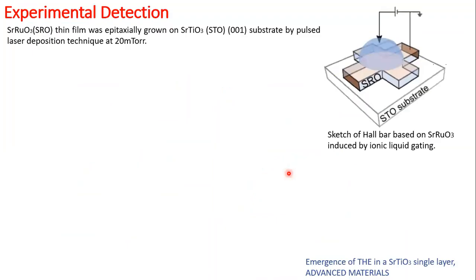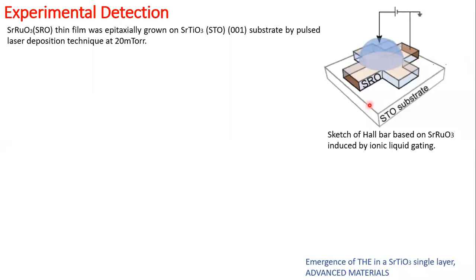Now, the experimental detection of skyrmions, that is, how we will know that we have a skyrmion in our system. See, we have to perform our measurements on materials, and the materials are grown in our lab experimentally, on a substrate.